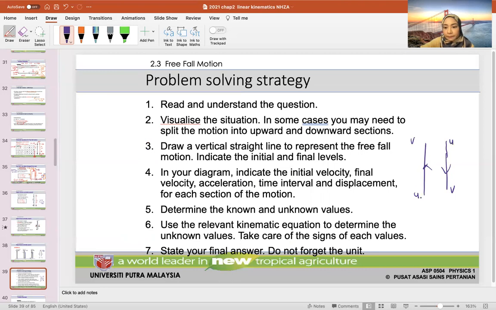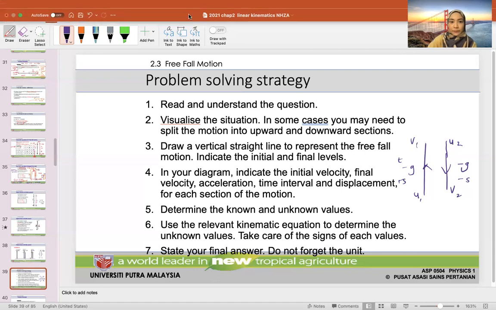In your diagram, indicate the initial velocity, final velocity, acceleration, minus g, t, positive s, negative s, for each section of the motion. Determine the known and unknown values.